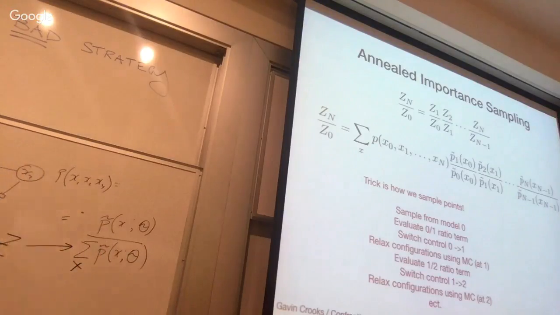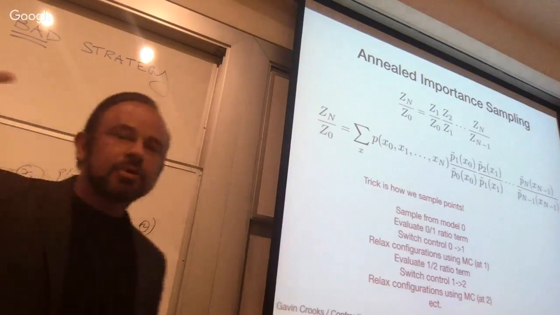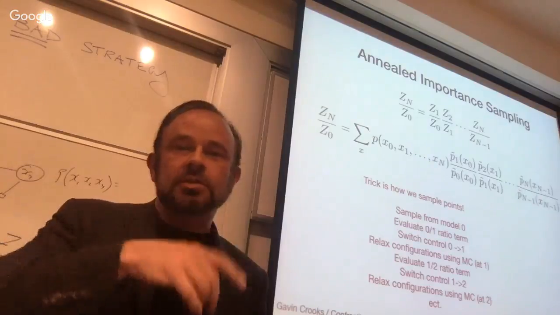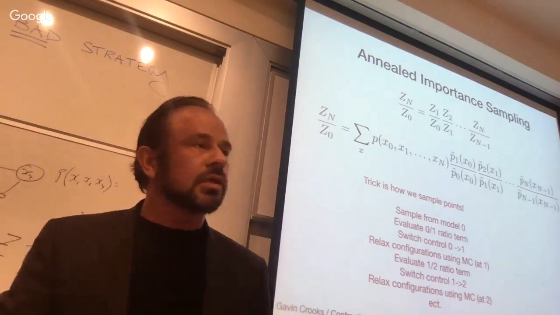And now I do another step. I make an evaluation of this part that would become the ratio of partition functions, and then I do a single Monte Carlo step at that next parameter. So you never let it burn in completely, so you don't have to wait as long, but you still get the right answer.